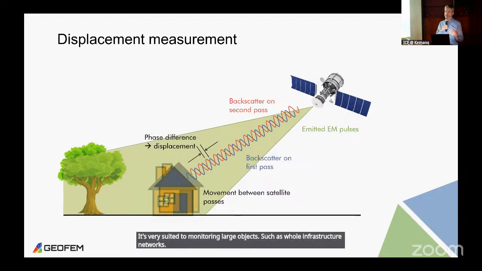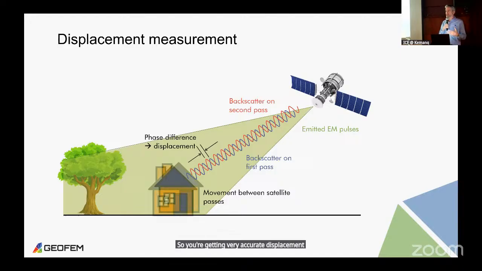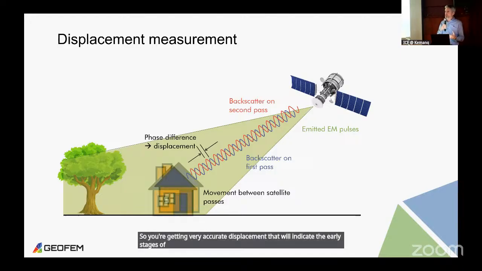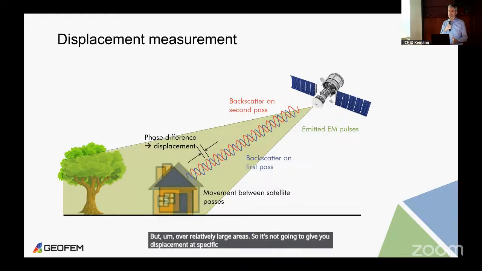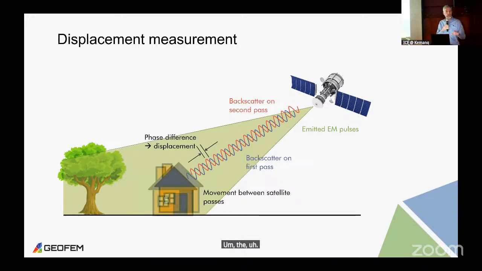So you're getting very accurate displacement that will indicate the early stages of a landslide, for example, but over relatively large areas. So it's not going to give you displacement at specific points. It's going to give you displacements averaged over the pixel size of the satellite data.